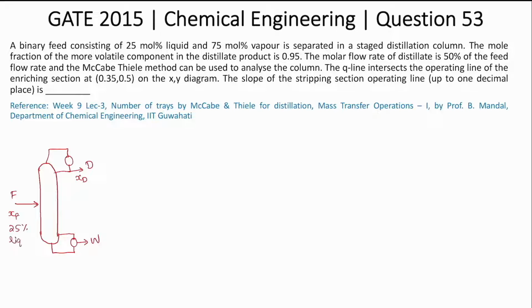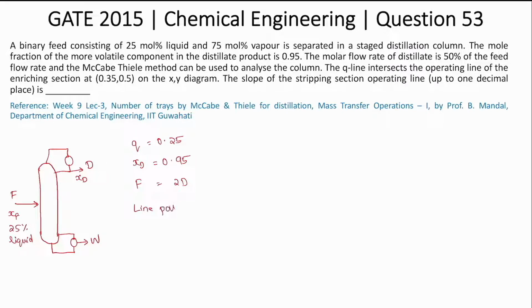They have mentioned that 25% of the feed is liquid, so that means Q is equal to 0.25. Then they have given us two other data. The mole fraction of the more volatile component in the distillate is 0.95, which is XD is equal to 0.95, and the feed is twice that of the distillate flow rate. So that means F is equal to 2D.